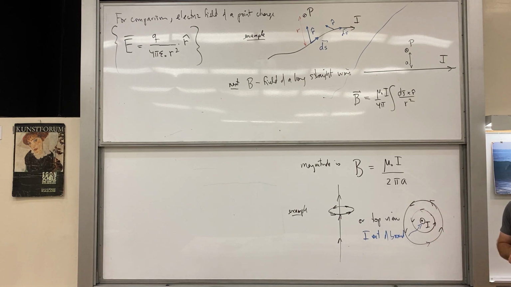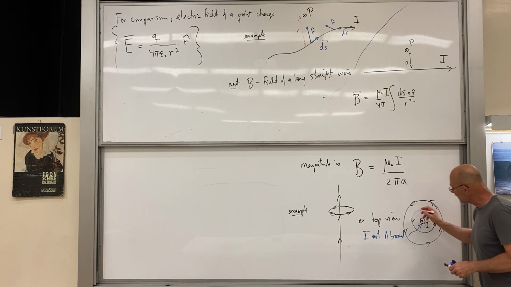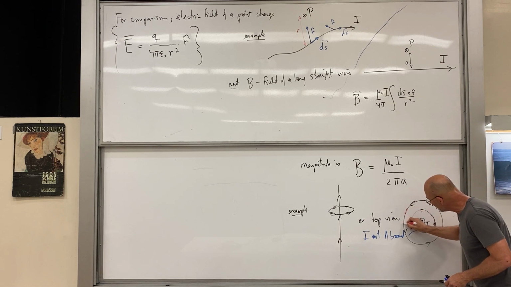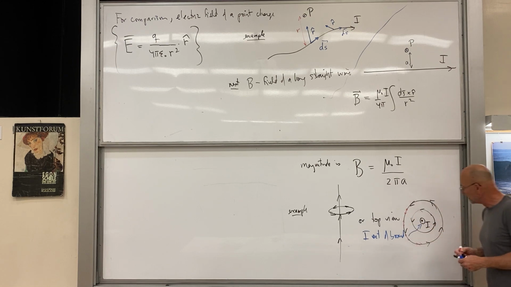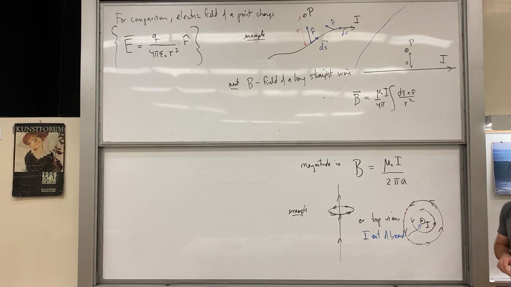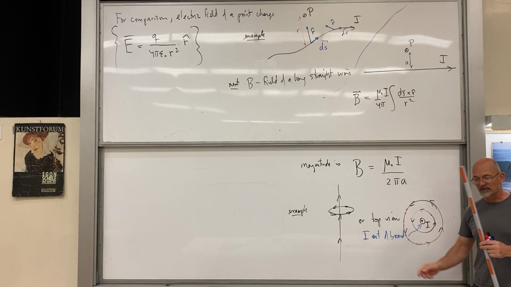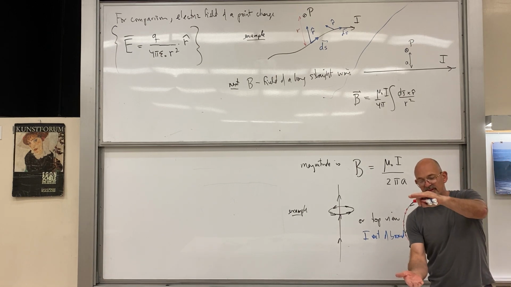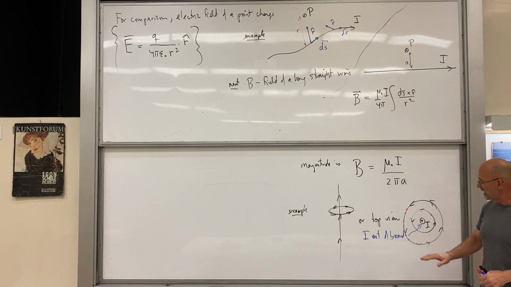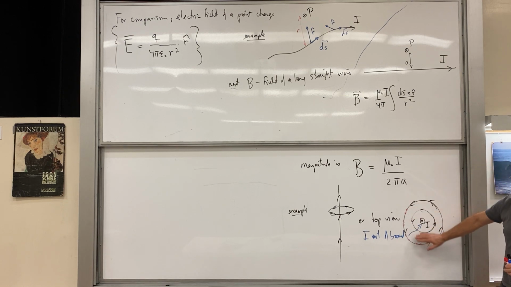What would actually happen if you held compass needles up to here, your compass needles would orient themselves along these lines. I'm just going to describe an interesting demo that we have that I can't show you. We actually have a long straight wire. It doesn't have to be infinitely long. It's about this long. And we have a plexiglass plate.